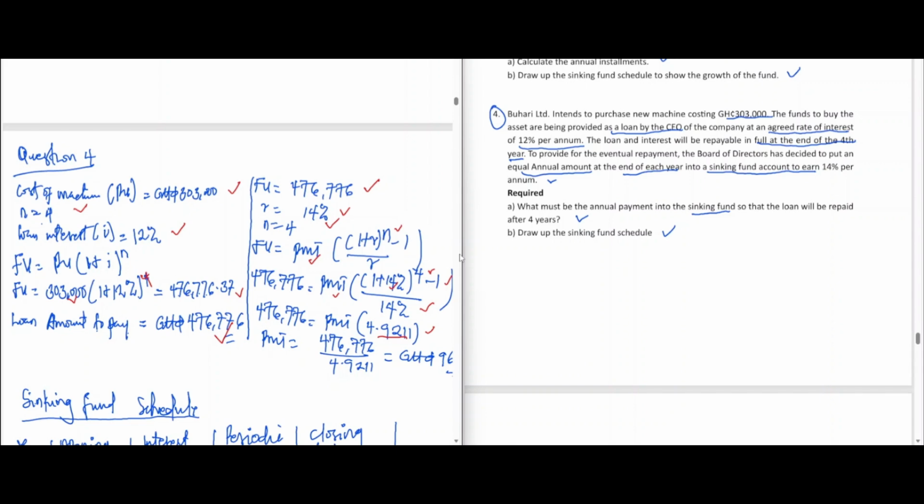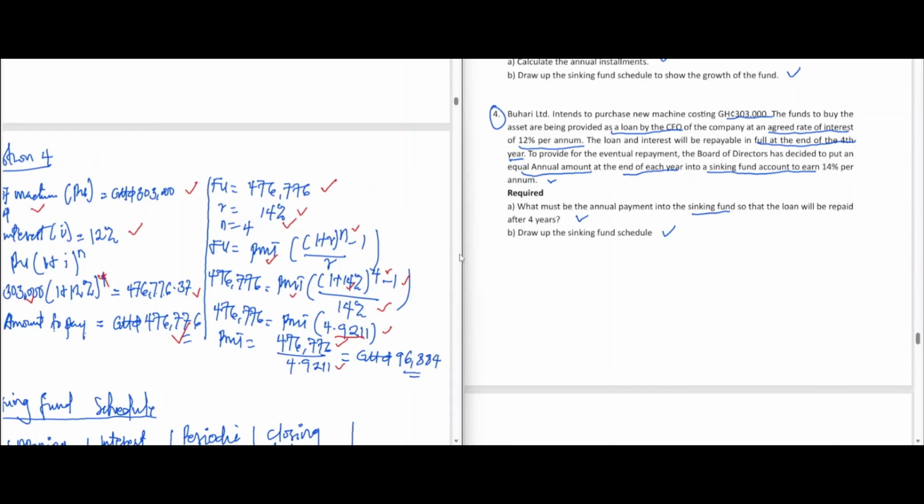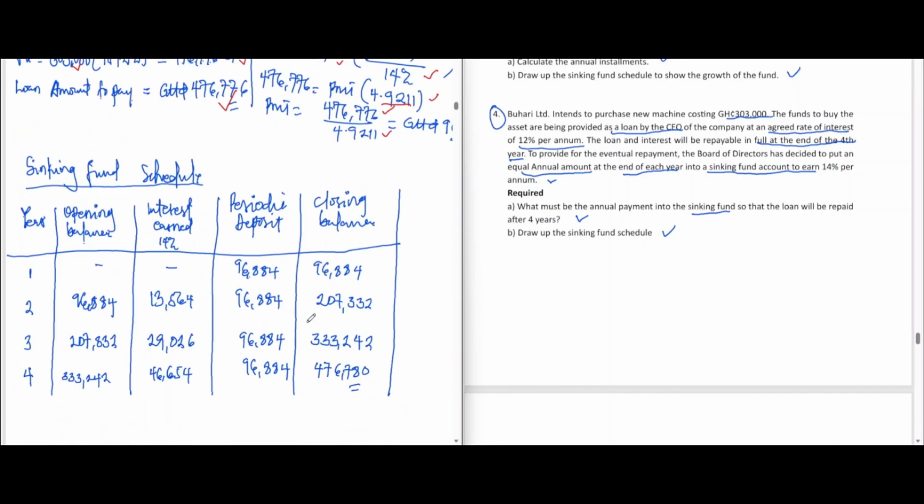So we have 476,776 over 4.9211, which will give us a final value of 96,884 Ghana cedis. So that means the annual payment that they have to make into the sinking fund will be 96,884 Ghana cedis.